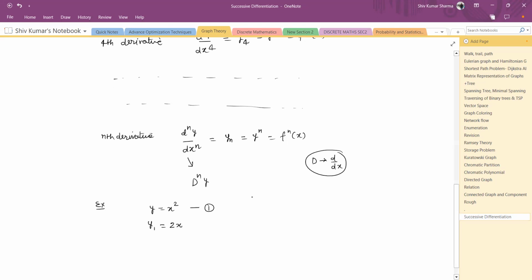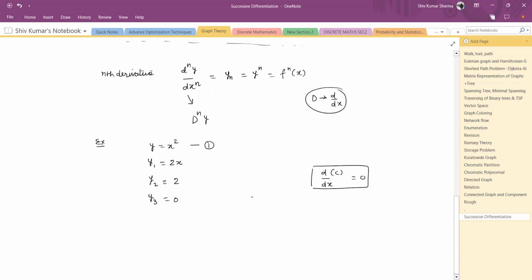Differentiating with respect to x, y1 is equal to 2x, and then y2 is equal to 2. The third derivative will obviously be 0, because the differentiation of any constant is 0.